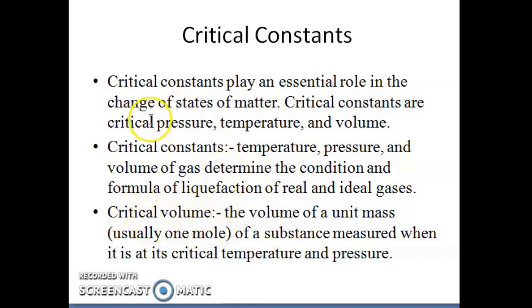Hence, we could say that the critical constants, that is the critical temperature, critical volume and critical pressure, are related to each other, and these three critical constants are the necessary conditions required in order to change the states of matter. So these are all the critical constants.